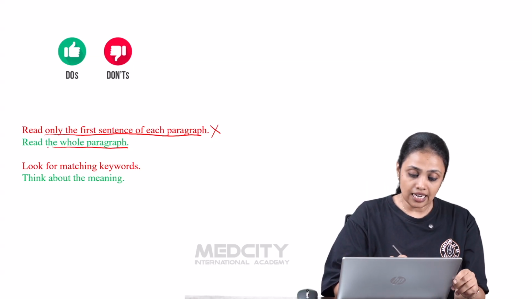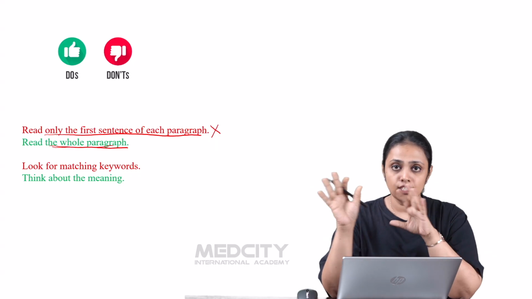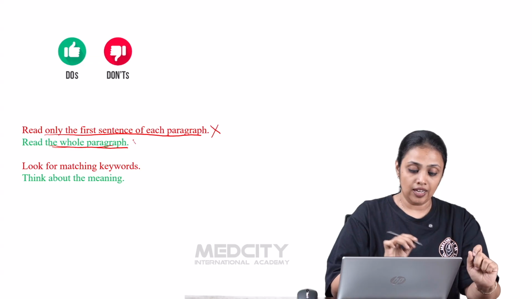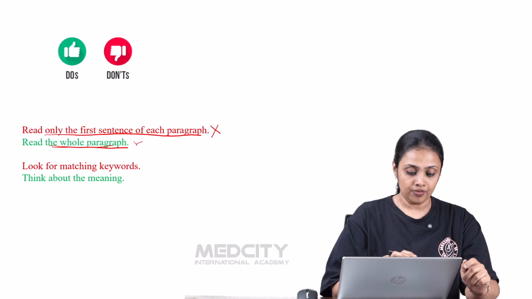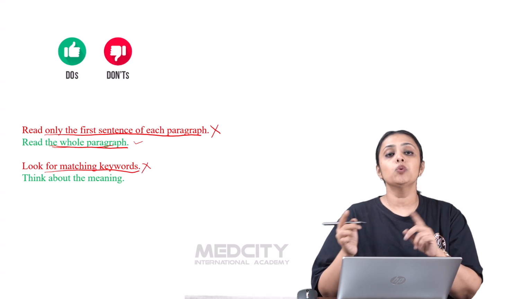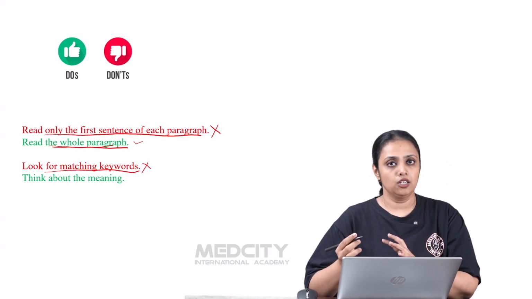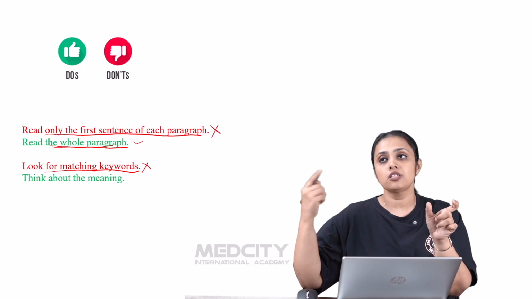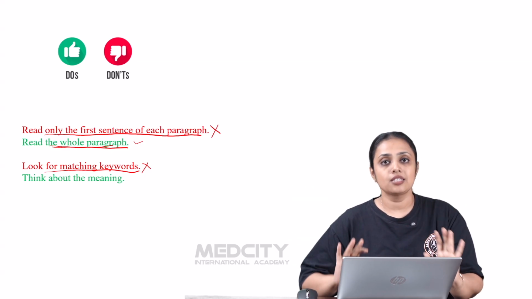Read the entire paragraph, get the gist of it, and then match the heading. Do not look for matching keywords. A word-to-word match should not be done, where you find a keyword in the heading and look for a synonym of it and say this can be the answer.